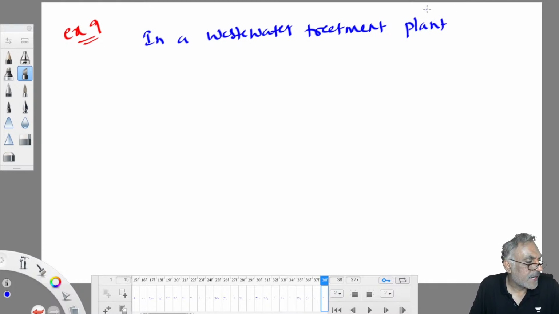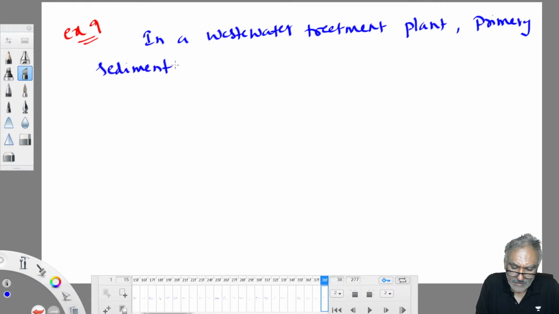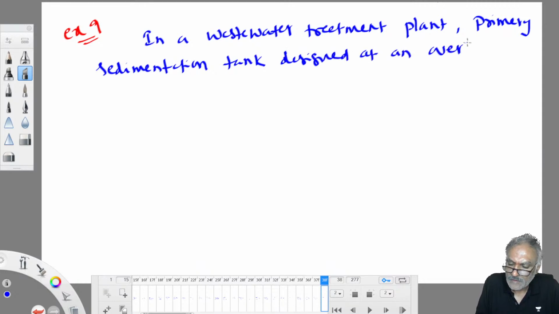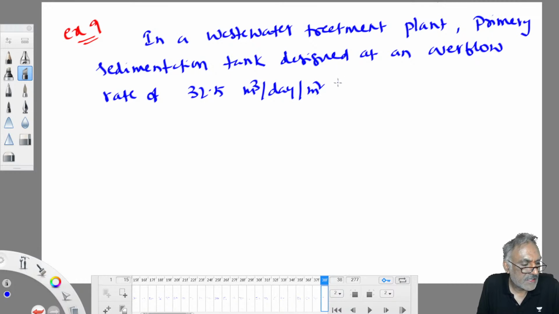In a wastewater treatment plant, primary sedimentation tank is designed at a surface overflow rate of 32.5 meter cube per day per meter square.